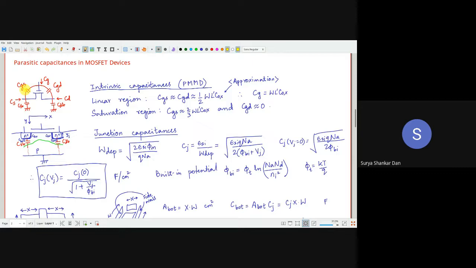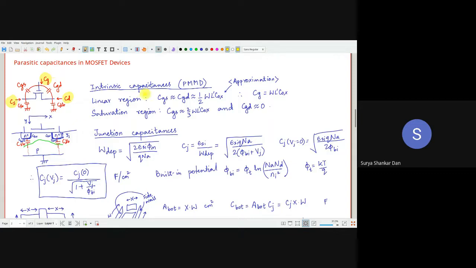However, as a circuit designer, you don't bother about CGS, CGD, CSB, CDB and all that, because that is only the intrinsic capacitance. Intrinsic capacitances plus the parasitics plus load, if any, will give you the capacitance seen at the terminals, the highlighted one. That means the net effective capacitance seen at the terminals is essentially going to determine the circuit performance.